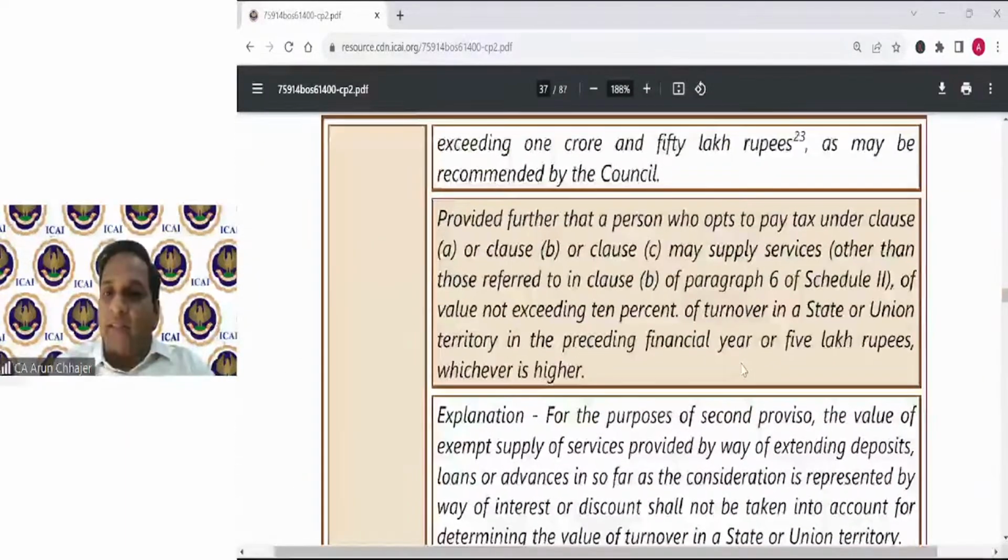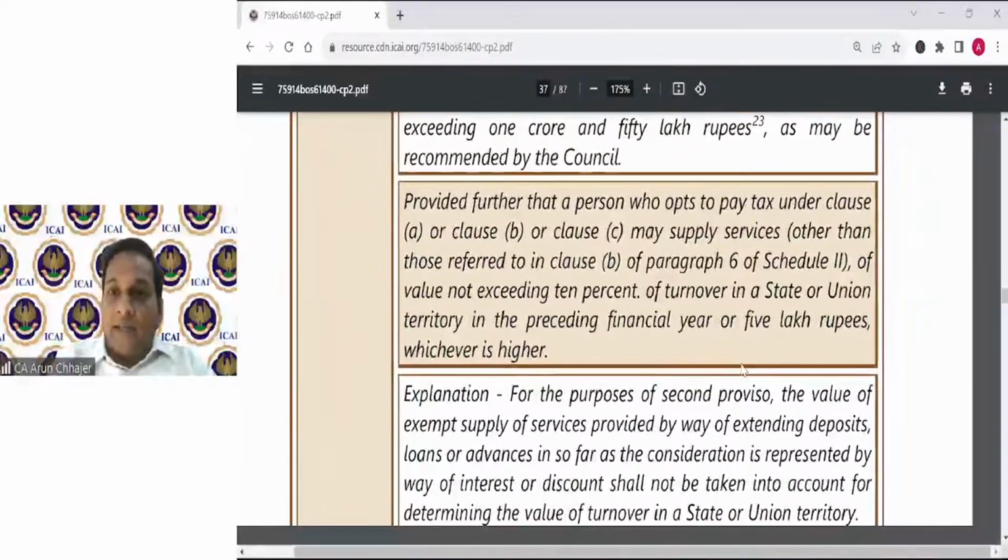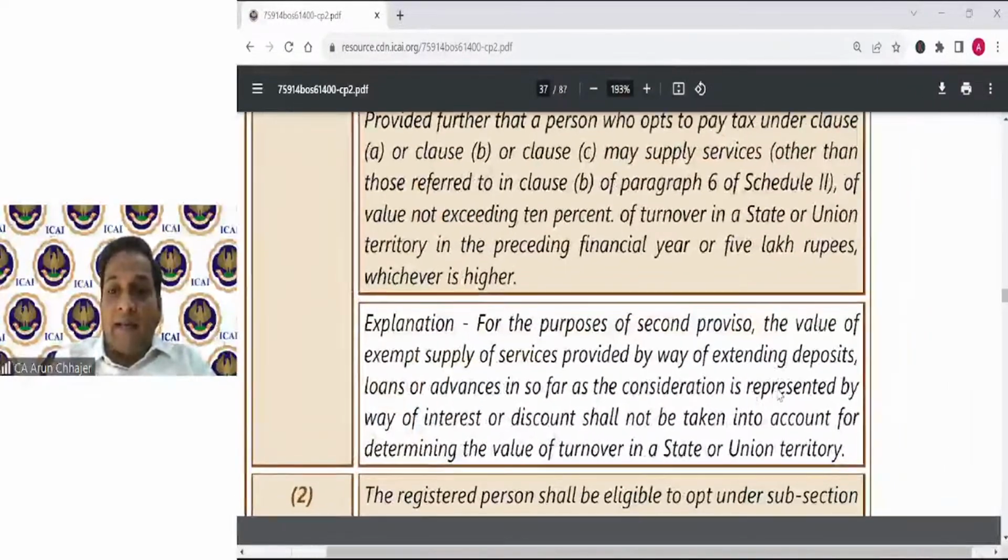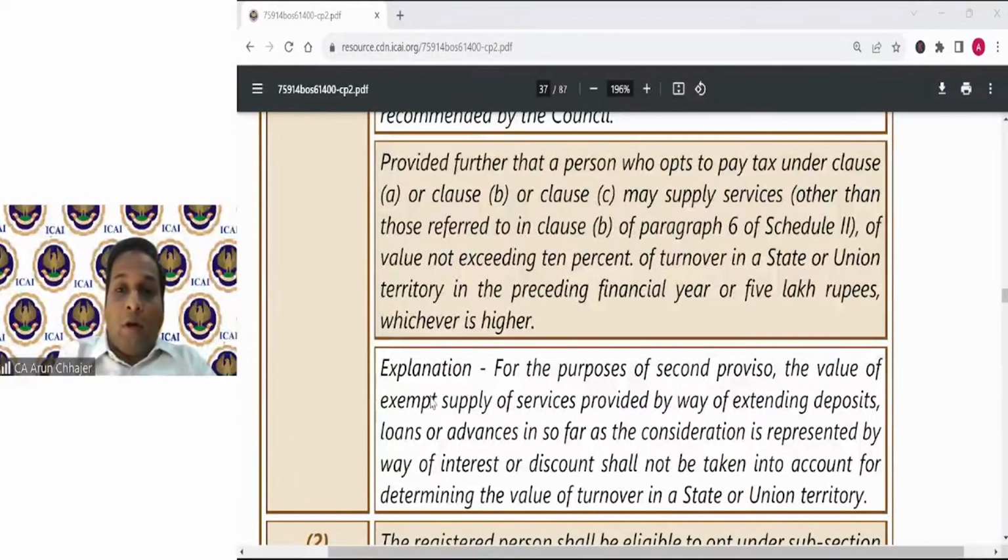It says that the value of the exempt supply, the service provided by way of extending deposit, loan or advances, insofar as the consideration is represented by way of interest or discount, shall not be taken into account for determining the value of the turnover in the state or UT.